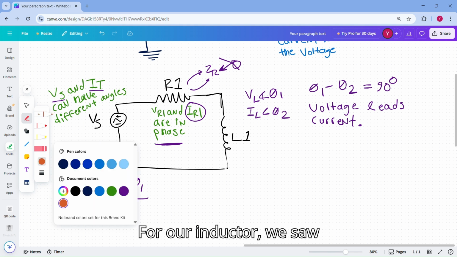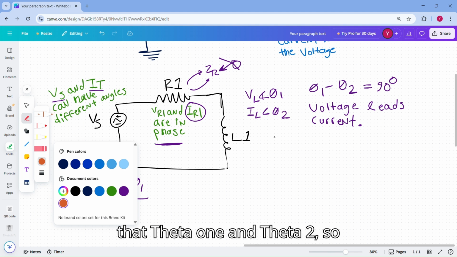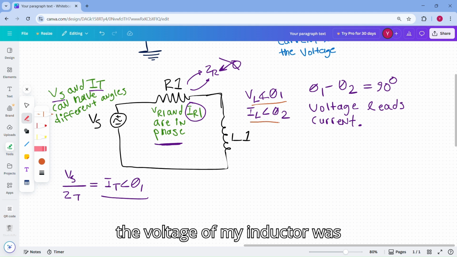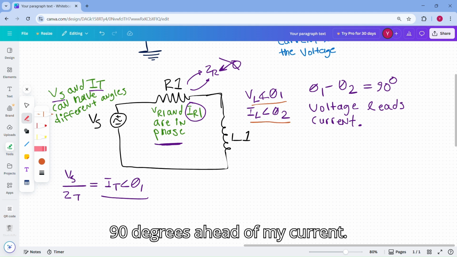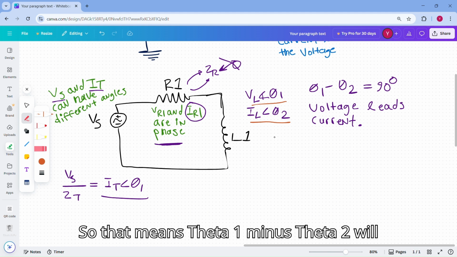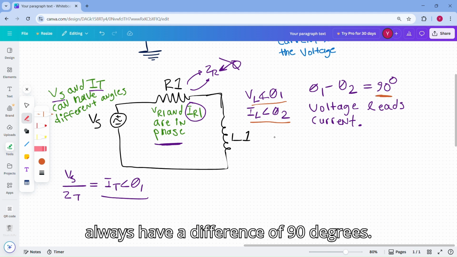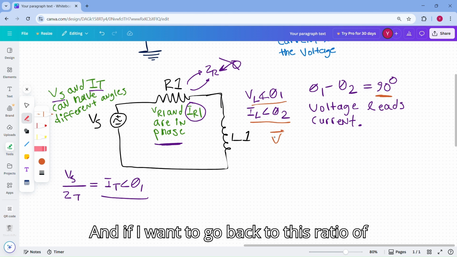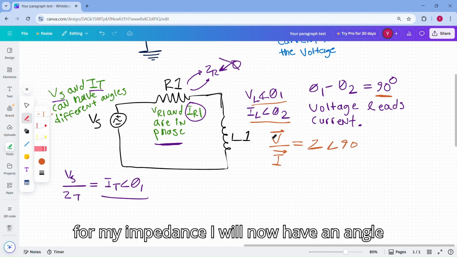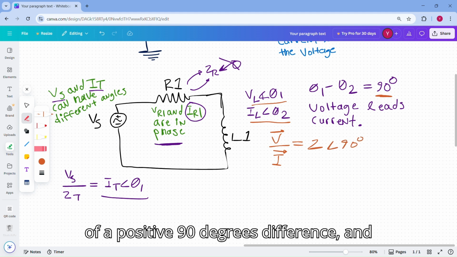For our inductor, we saw that theta 1 and theta 2, so the voltage of my inductor was 90 degrees ahead of my current. So that means theta 1 minus theta 2 will always have a difference of 90 degrees. And if I want to go back to this ratio of V over I, I see that for my impedance, I will now have an angle of a positive 90 degrees difference.